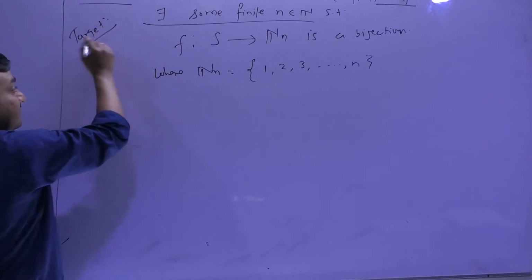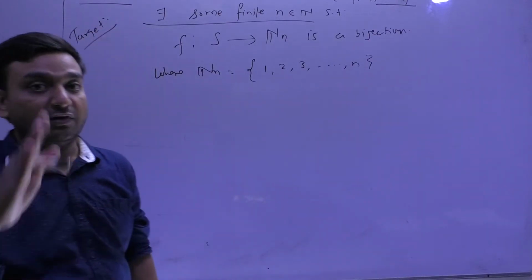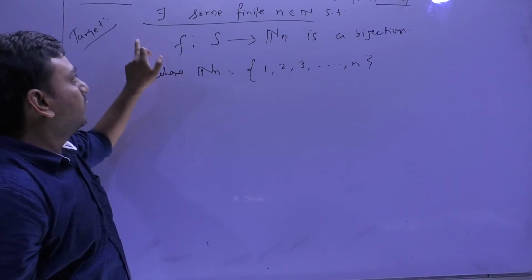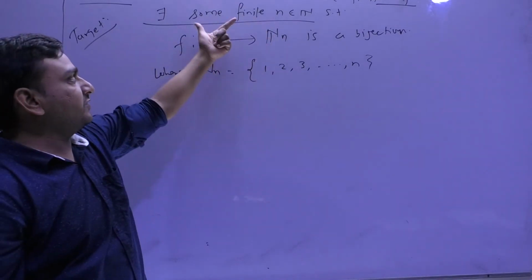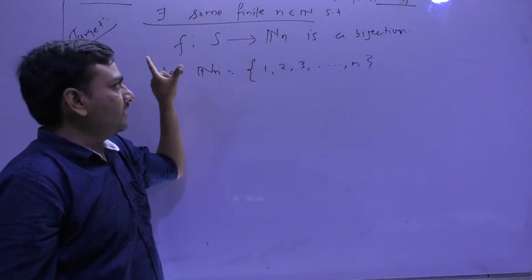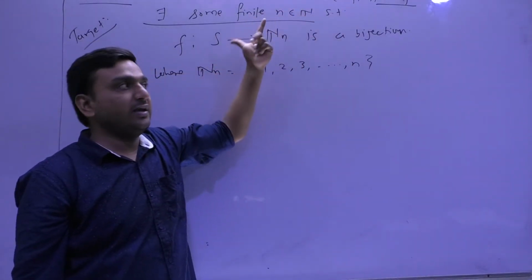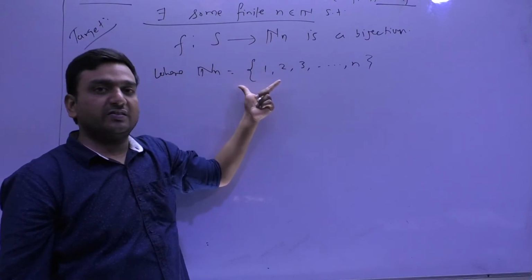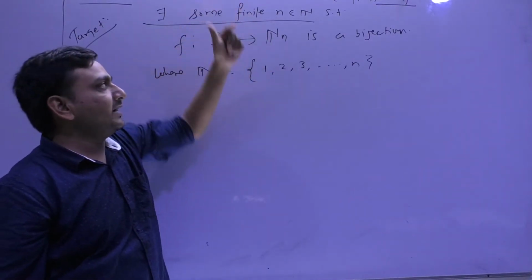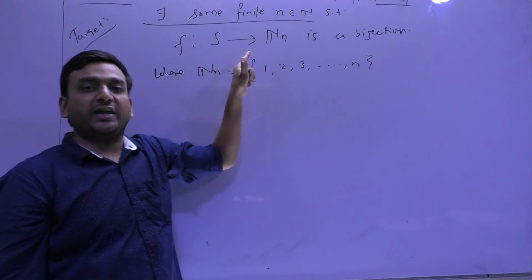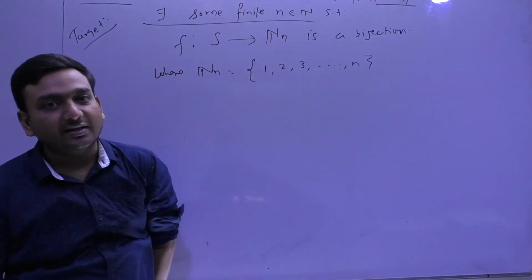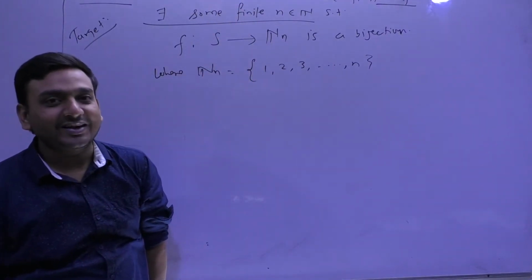Please learn such techniques, you will feel very comfortable. If there exists such a finite n following these conditions, then we say A is finite. If there does not exist such n, we say A is not finite. Am I clear or not?